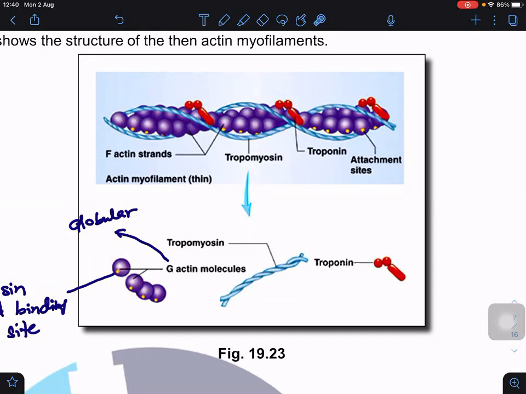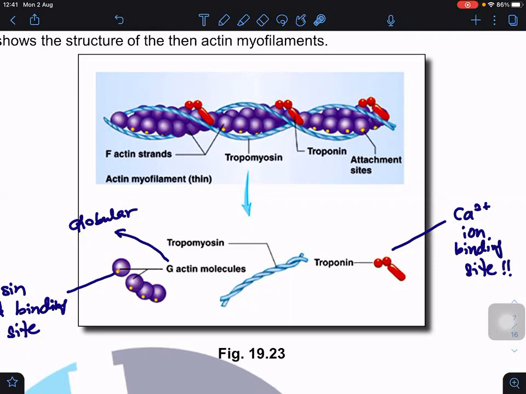And this tropomyosin links with one protein known as troponin. What is special about this troponin is that it has a calcium ion binding site. So what will happen here is when the calcium ion binds to troponin, as I briefly went through with you just now, when the action potential enters the T tubule, it will cause calcium ions to be released from the sarcoplasmic reticulum, right?